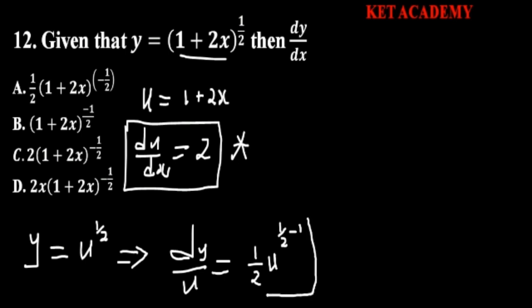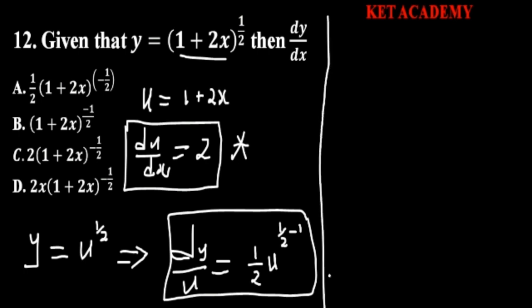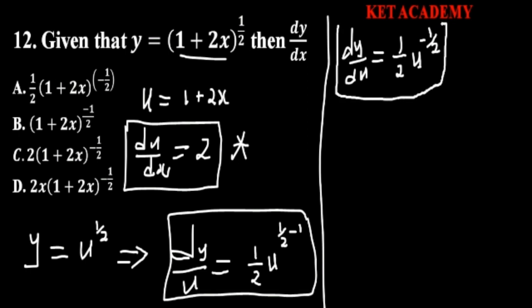So doing that, my dy all over du will simply be a half u to the power minus a half, because a half minus 1 is minus a half. So this will be our equation double star.